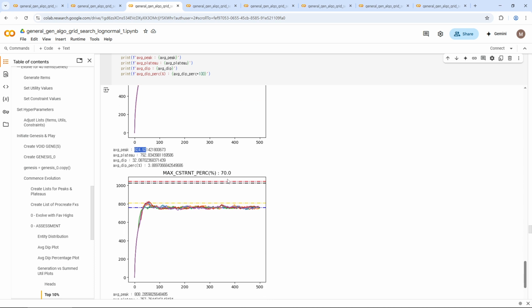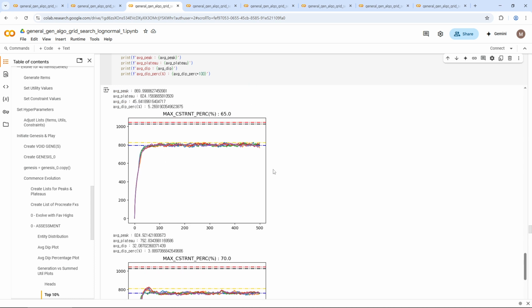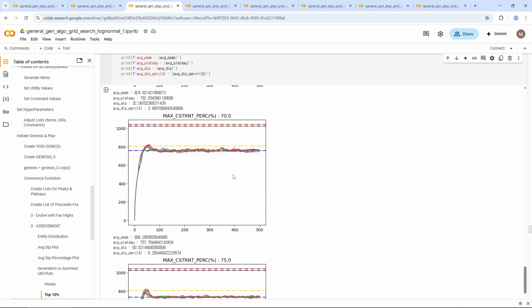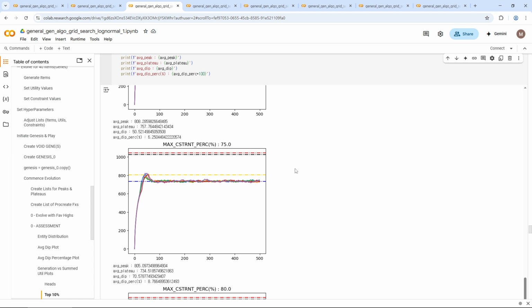However, when the maximum constraint percentage is at 70, the average peak is at 808. This is still lower. So it seems that because more entities got struck out, more innovation happened, more mutation, more procreation and mutation led to more innovation and raised both of these values. Same story for when maximum constraint percentage is at 75.